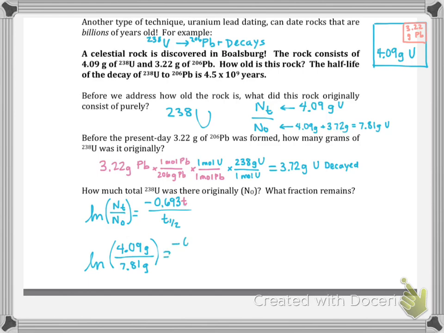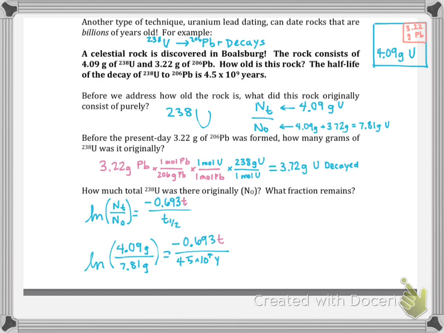Set this equal to the 0.693 times the time that we want to figure out, divided by my half-life, which is 4.5 times 10 to the 9th years.